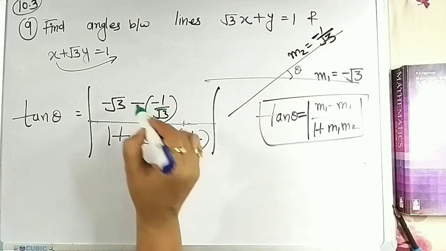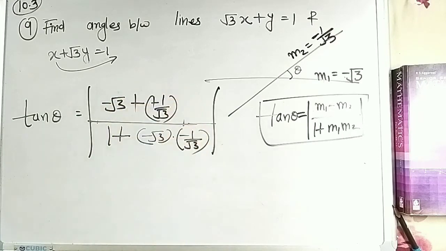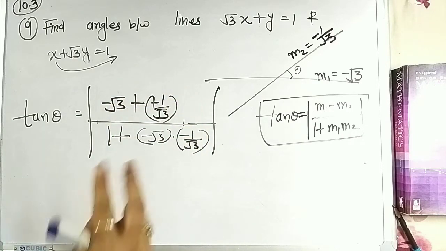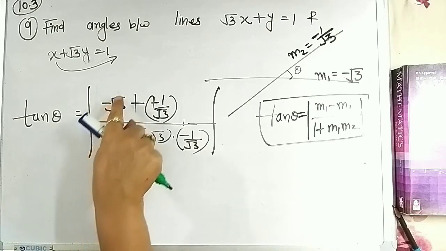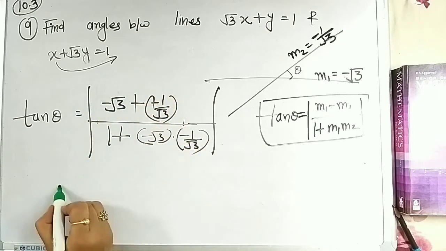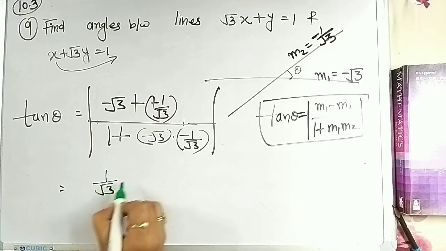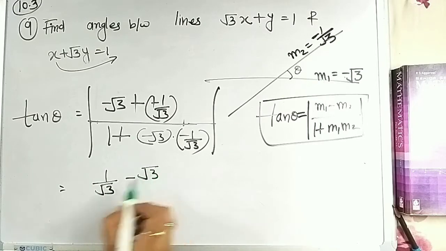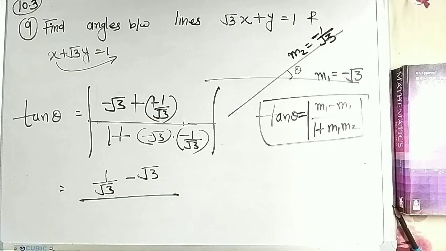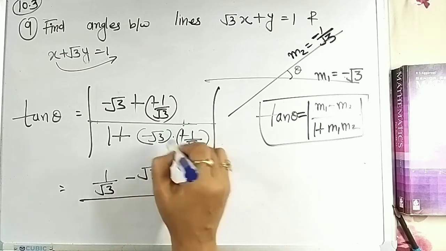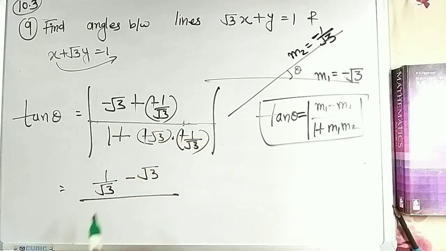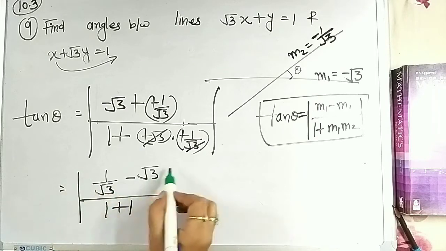Now this minus will become plus. So 1 by root 3 minus of root 3, and in the denominator, minus and minus will become plus, and this root 3 will cancel. So it is 1 plus 1, and mod.